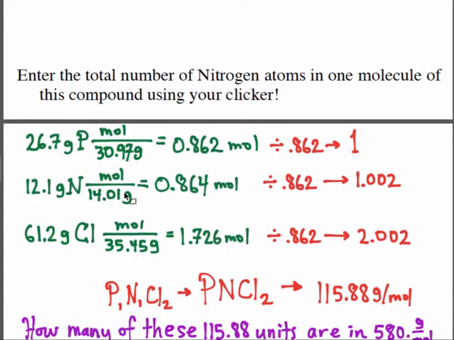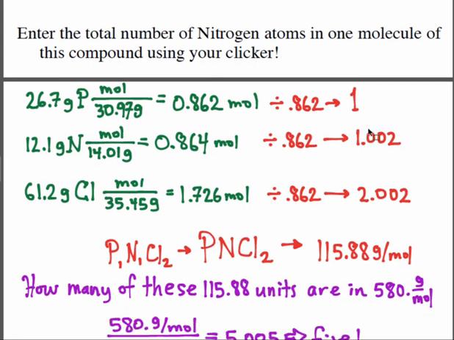Change percents to grams, change grams to moles. By this time in your chemistry career, you're probably good at changing grams to moles. Compare each mole amount to the smallest number of moles. And this one's very close to 1, that's very close to 2. So the empirical formula is P1N1Cl2, and that adds up to 1 phosphorus, 1 nitrogen, 2 chlorines, adds up to 115.88.